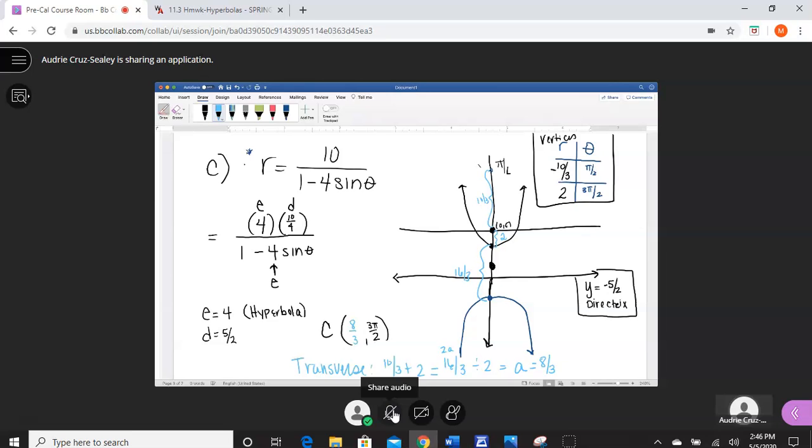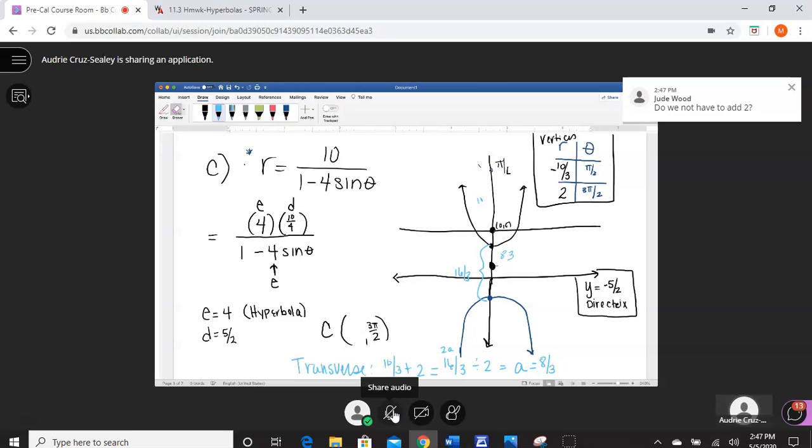Let me look at the distance again. From here to here is 10 thirds, 16 thirds. Half of 16 thirds is 8 thirds. That's this point. But that is going down. So from here to here is 8 thirds. Is it? Now I'm questioning myself. Maybe I have too much blue.